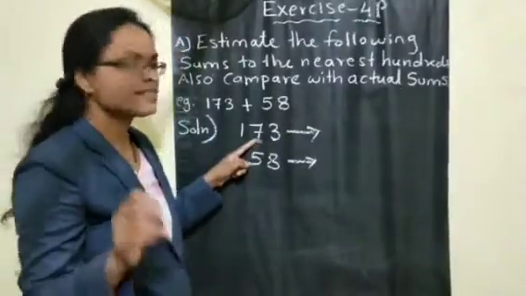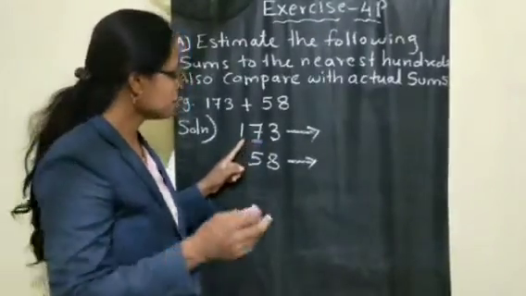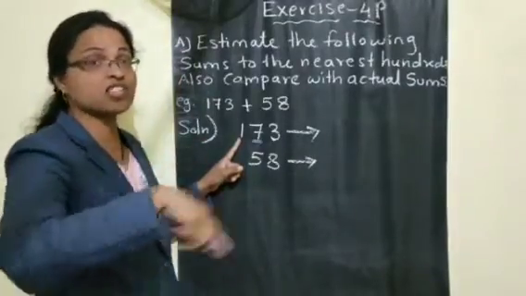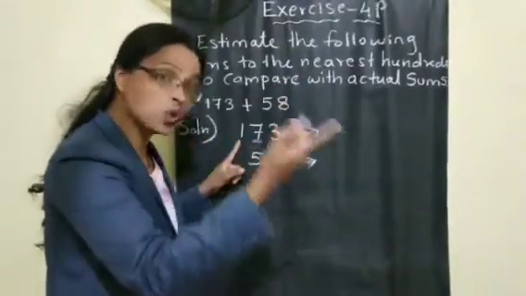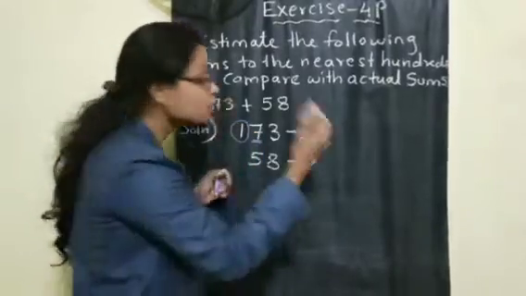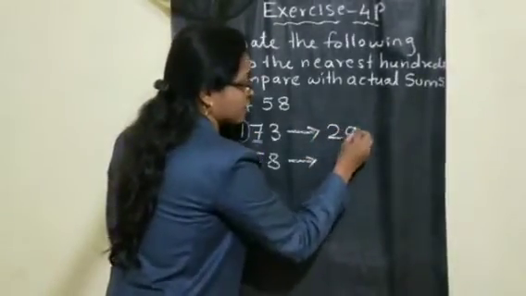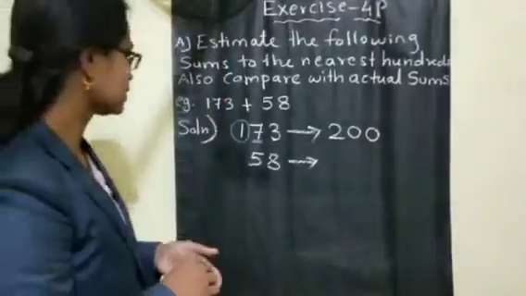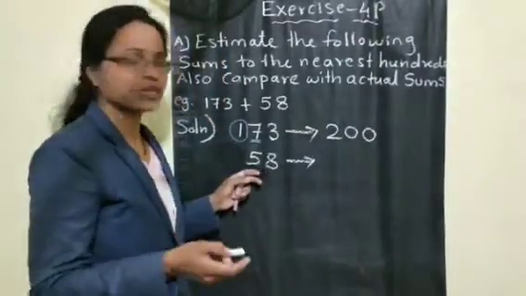Now 7 is more than 5, which means this 100 will change to the next number, that is 200. This 100 will change to 200, children.